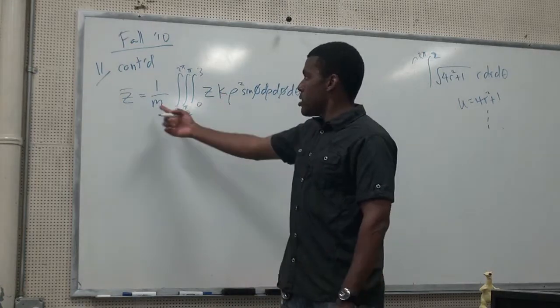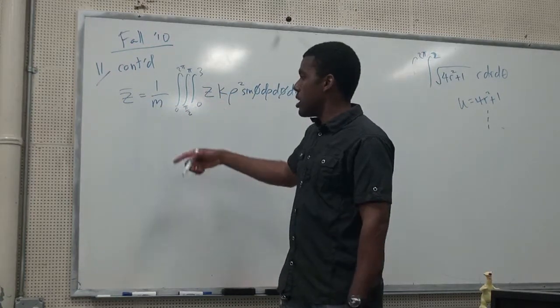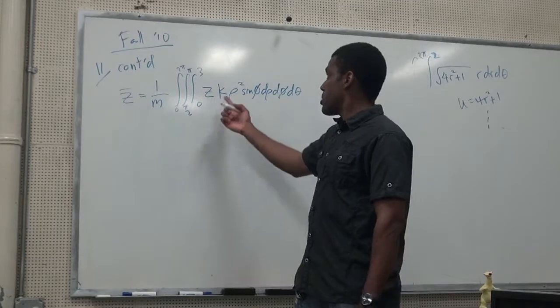And there's going to be a K in the M that's going to cancel this K. So then you just have to integrate that.